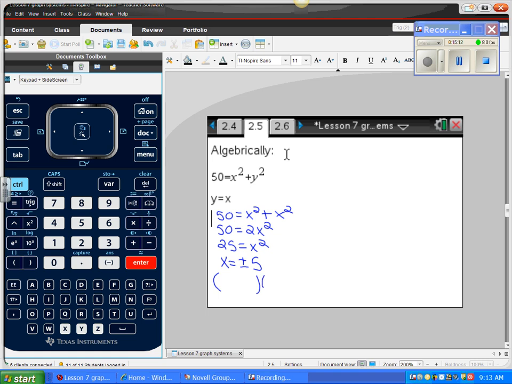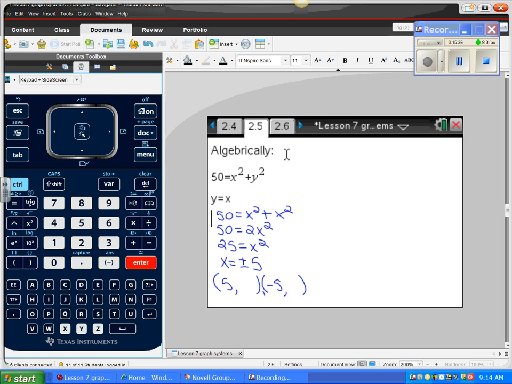Okay, so now we're starting off with knowing that we have two solutions here. We have one with a 5 and one with a negative 5 as my x values. Okay, so I've got half of my solution, right? I need to find what y values. Which one am I going to use, the first equation or the second equation?